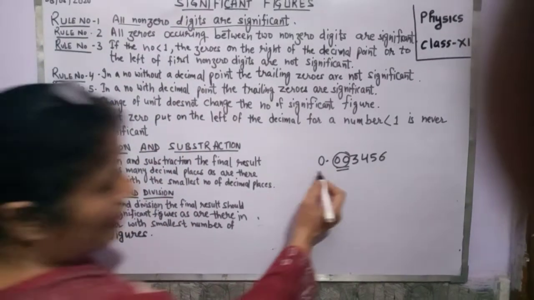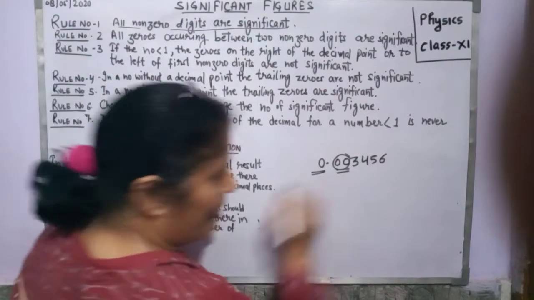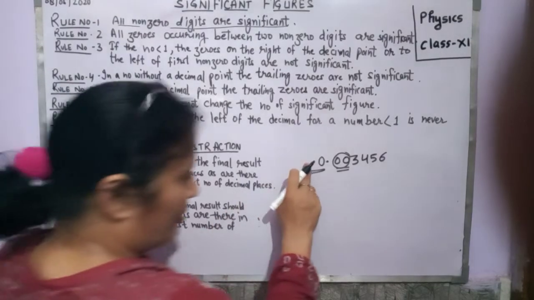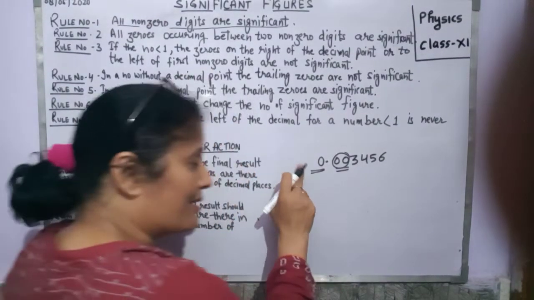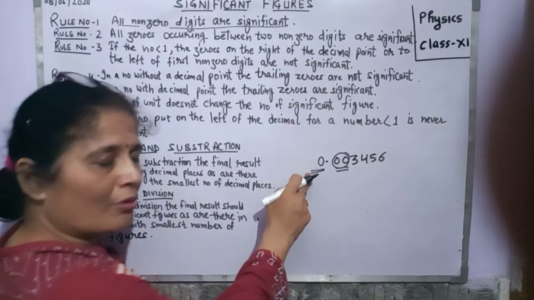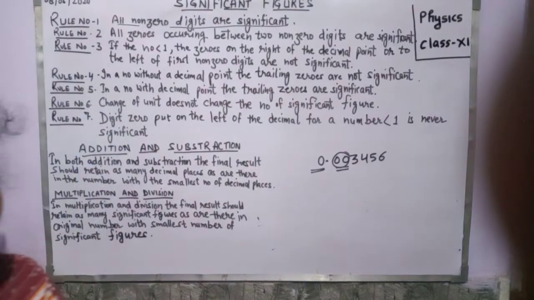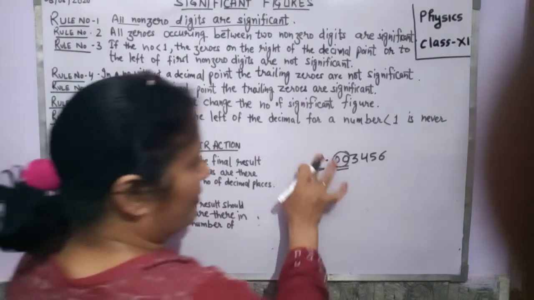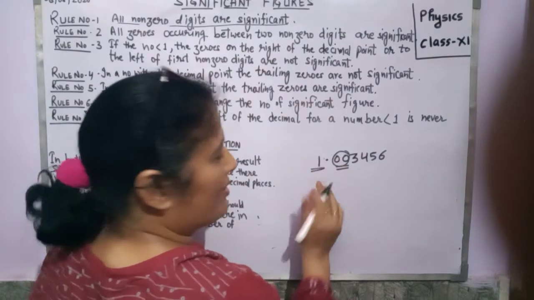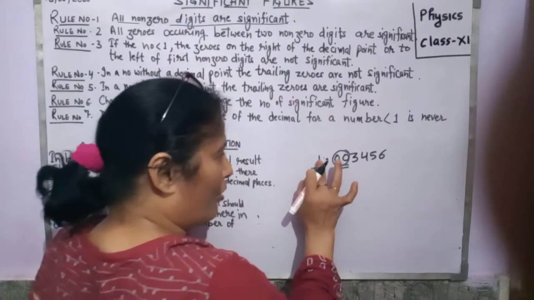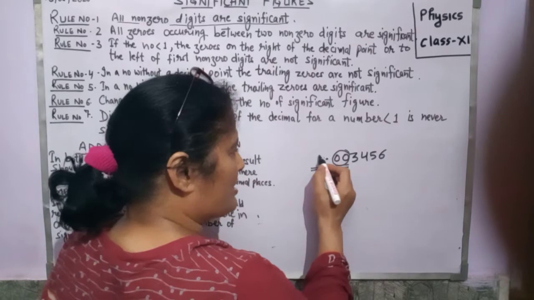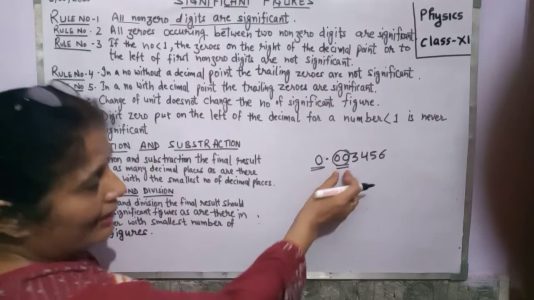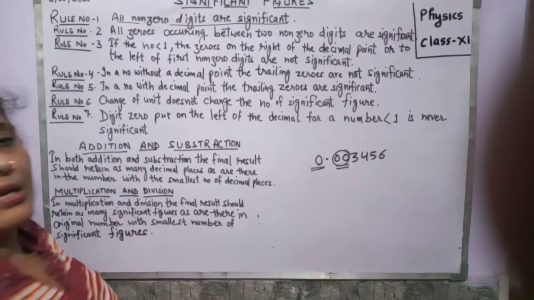But this number is less than 1. Here on the left side, the digit must be equal to 0. Only then will the number be less than 1. If there is 1, then it is not a number less than 1. Here the digit must always be 0. Then these two zeros are insignificant.